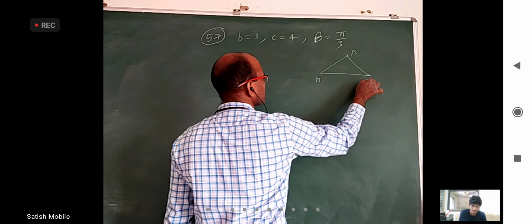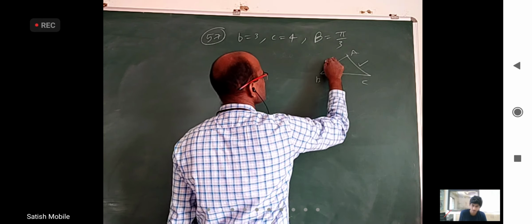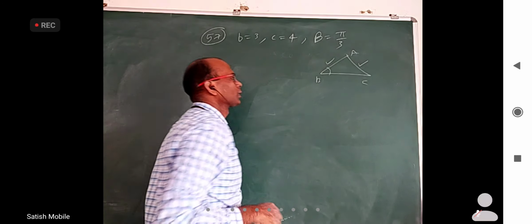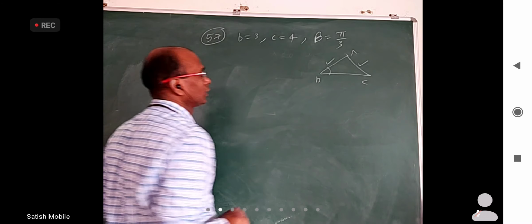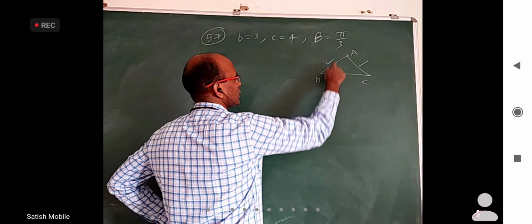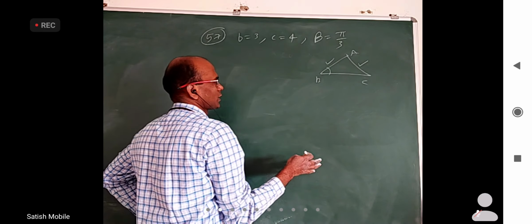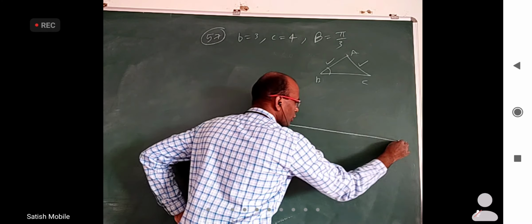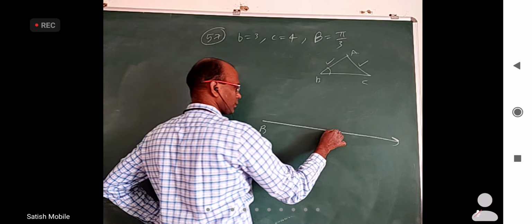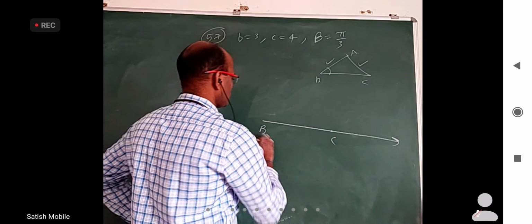So A, B, C: what is given to me is small b, small c and angle B. So I want to construct the angle first and this side. I'll just draw the BC ray here. But I don't know C, right? So it's not able to construct this, sorry.